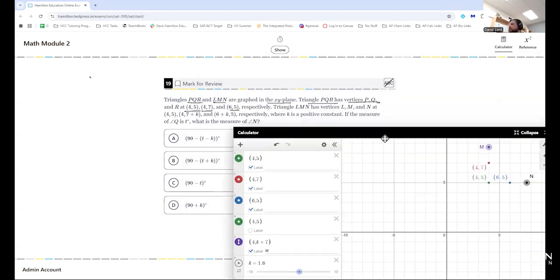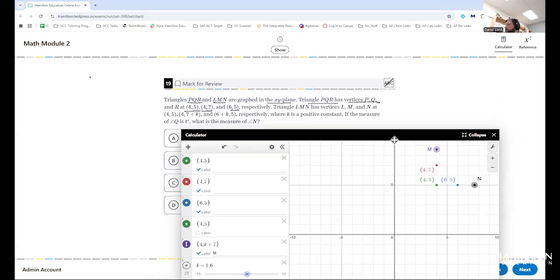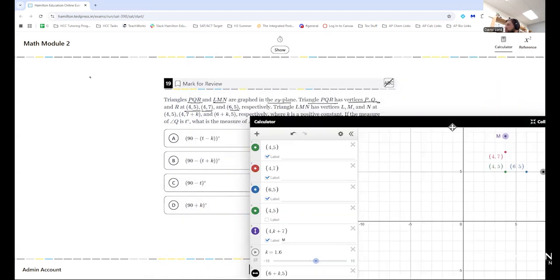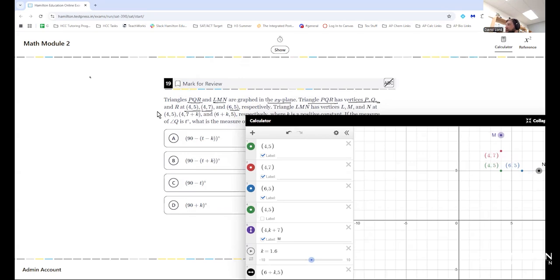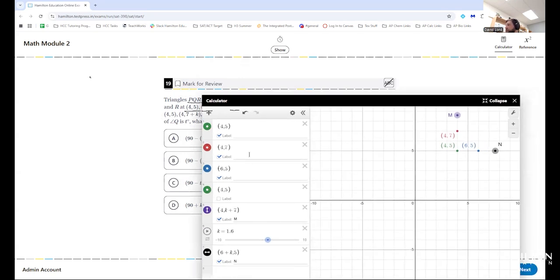Okay, moving on. If the measure of angle Q is T, what is the measure of angle N? All right, well, where is Q? Q was 4,7. So if we drew a line connecting it, we have a random angle T. I technically drew that line a little bit too big.